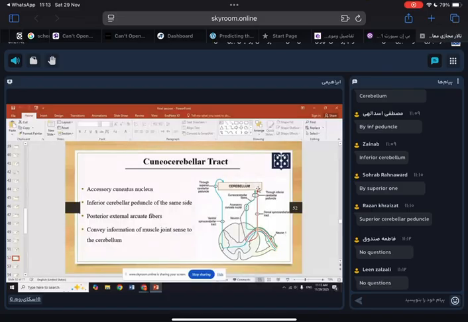So this is the difference between the cuneocerebellar tract and the fasciculus cuneatus. In the fasciculus cuneatus, the information goes to the cerebrum or cortex, and in the cuneocerebellar tract, the information comes to the accessory cuneate nucleus and then goes to the cerebellum. This is the difference between these two tracts.